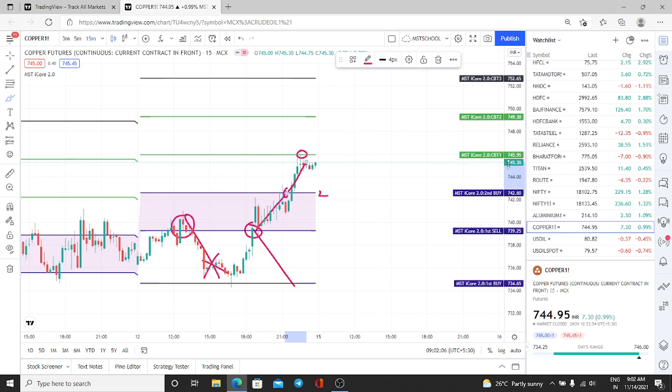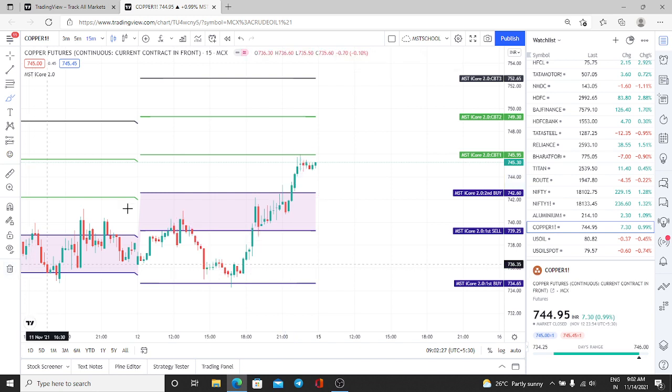See, the target is 745.95 but the high made was 746. So 5 paisa extra it has gone up to trigger our target value. So this is accuracy. You don't have to do any other thing. Very simple. I repeat, initially every day you just enable the default settings.